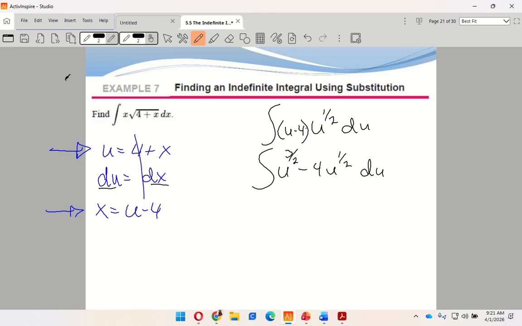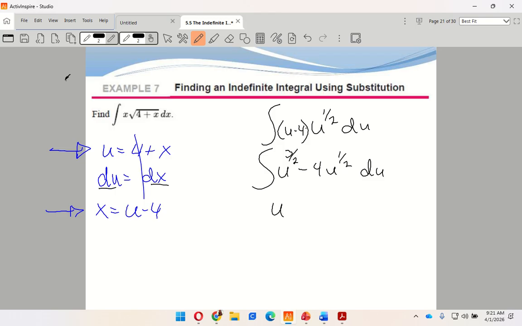Did I lose anyone on that? All I did is distribute the u to the 1/2. Okay, so let's take the integration now. When I integrate this, I'm going to start with my exponent first.